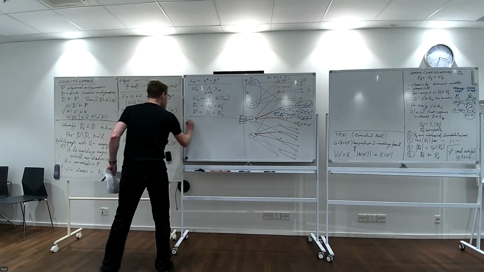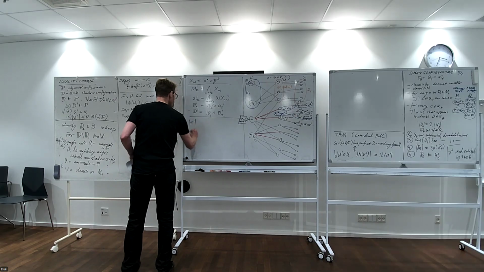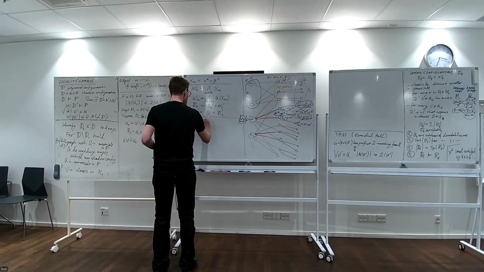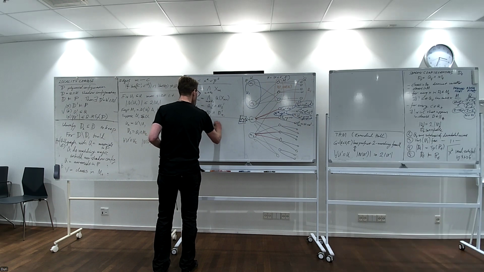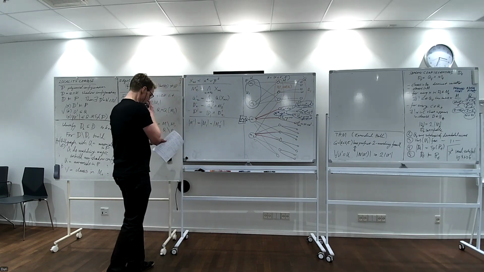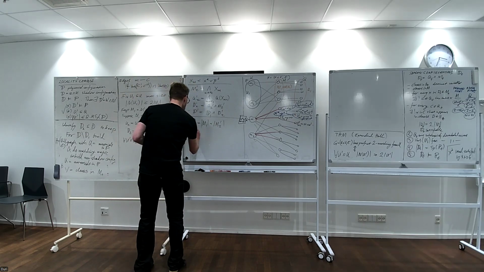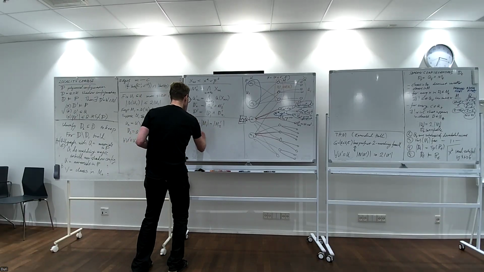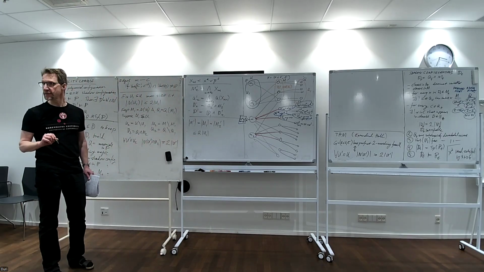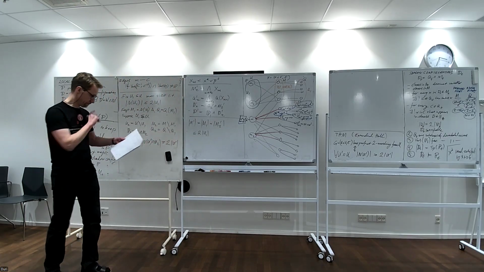So we need M prime is, well, the size of it is the size of M1 plus the size of M2 prime. I know that M1 is less than or equal to 2 times U1, right? That's why I picked it.